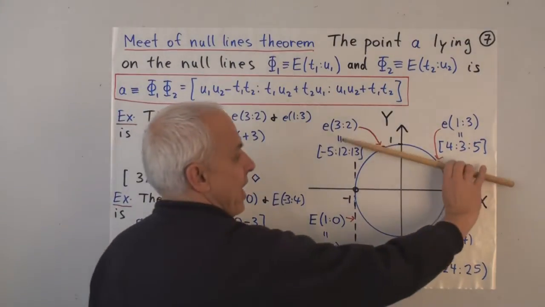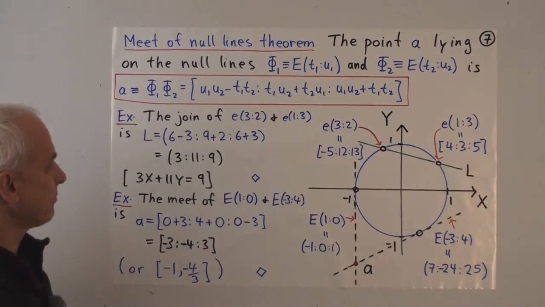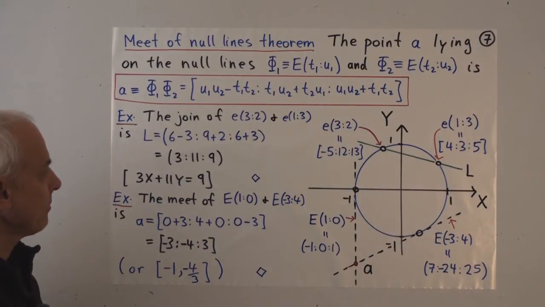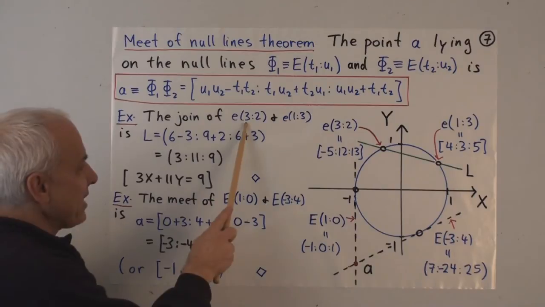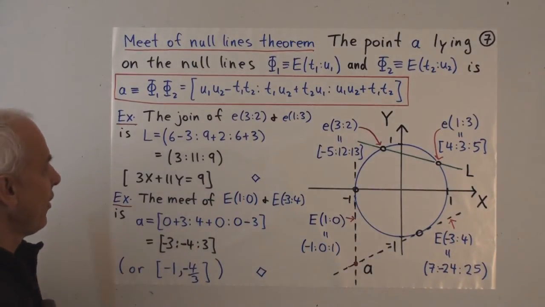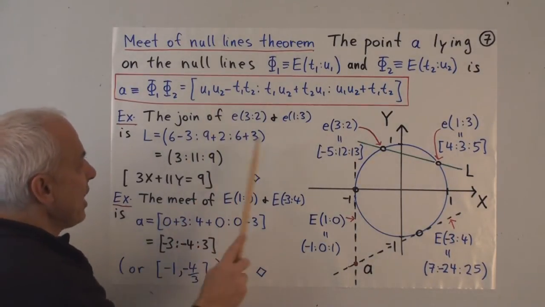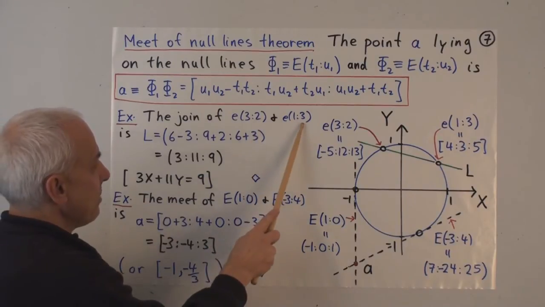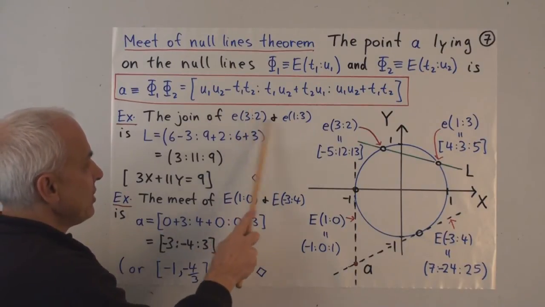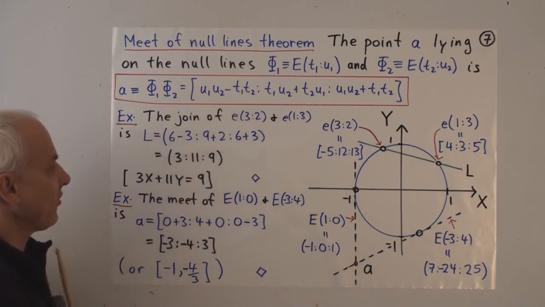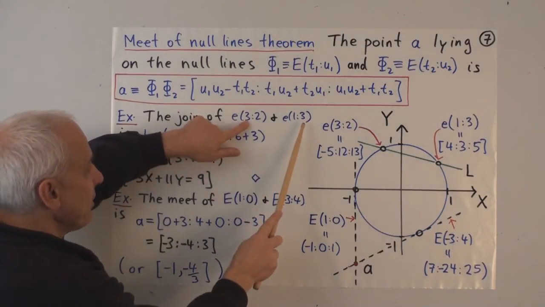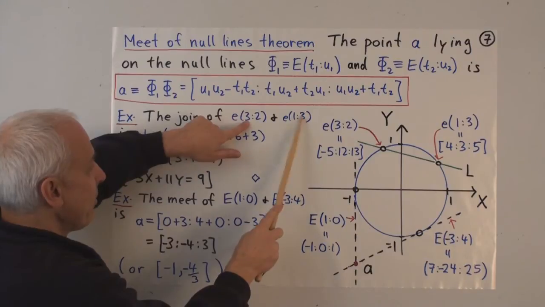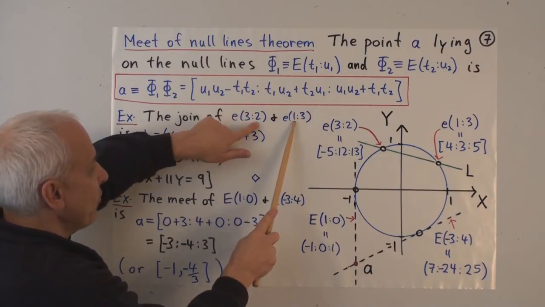And we want to find that line L that passes through them. Well, there's the expression right there. So remember, that's T and that's U. So what do we have to do? We have to take u1 times u2, 2 times 3, minus 3 times 1. 6 minus 3. And then we have to take t1 times u2 plus t2 times u1.